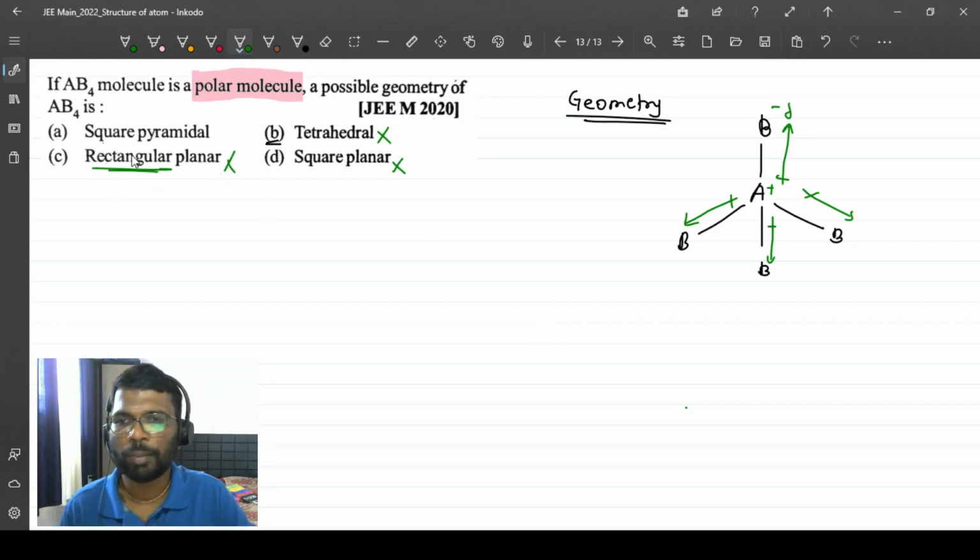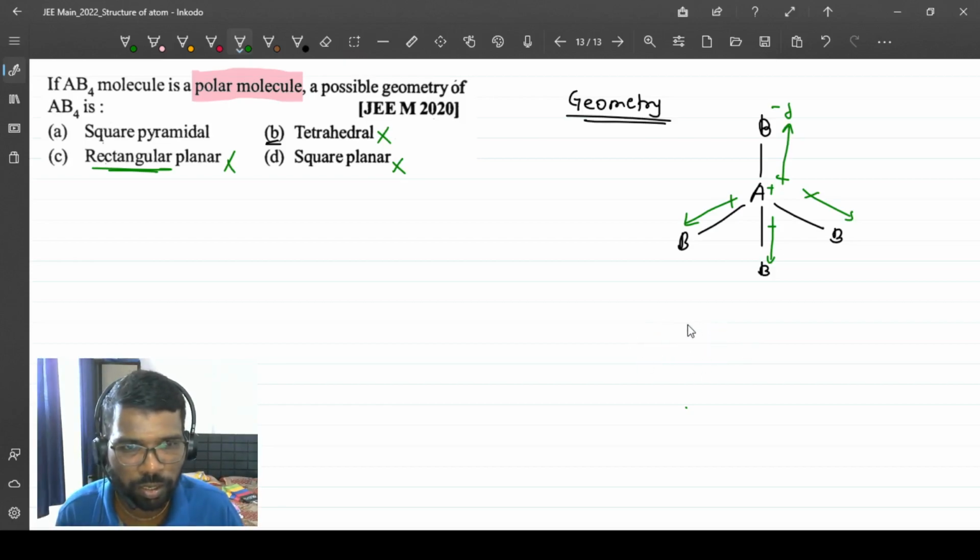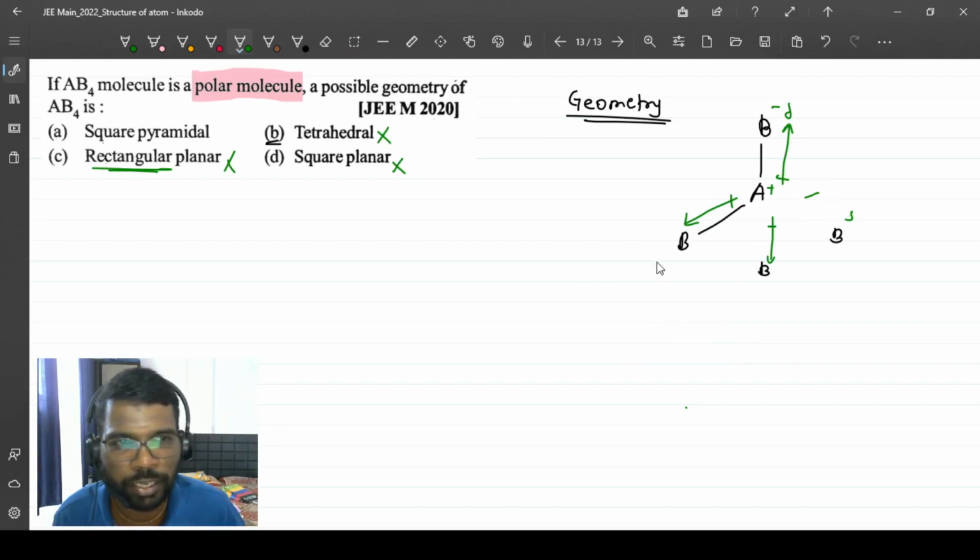Square pyramidal. Square pyramidal means, let's say this is a B atom. Just imagine that at first it is square planar.